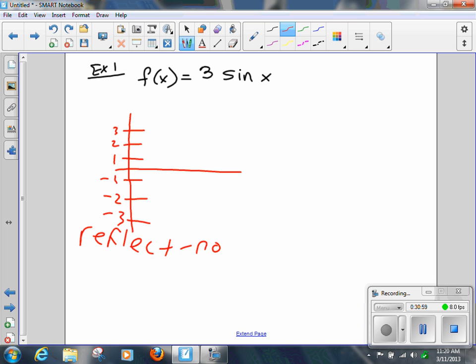I'd hate to take points off for a correct picture. No reflection. Which means 3 above, 3 below what? Oscillation line. Go ahead. Ah, no vertical shift. So that oscillation line is the x-axis.